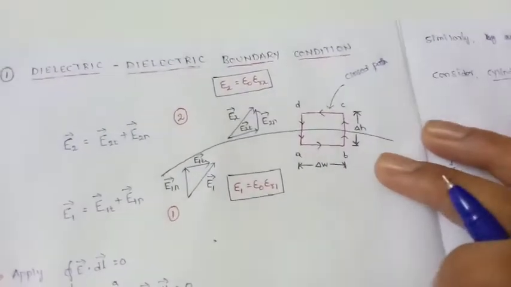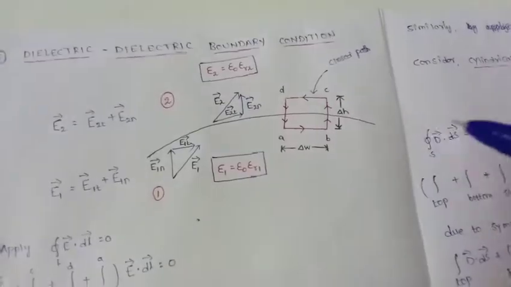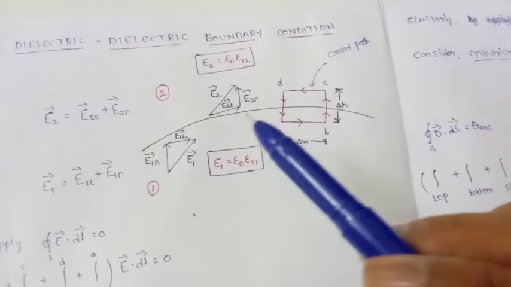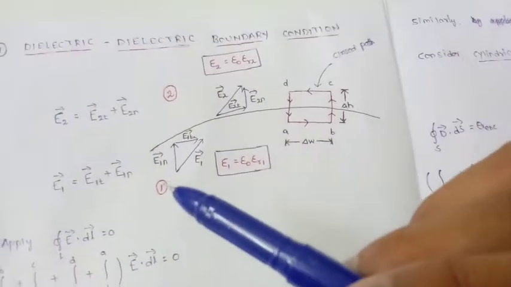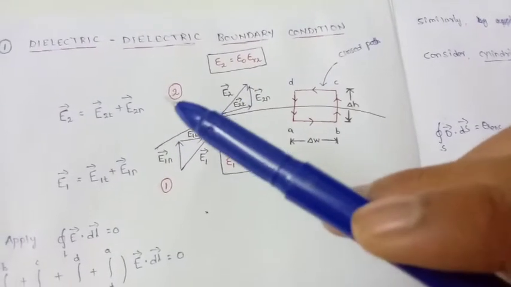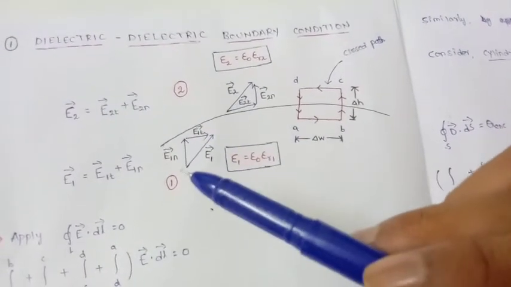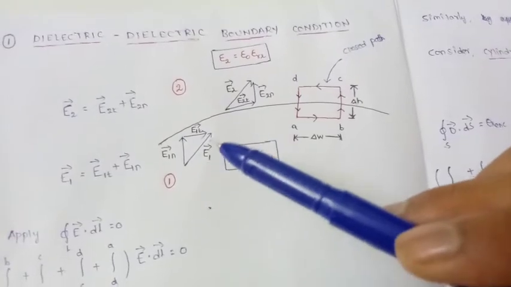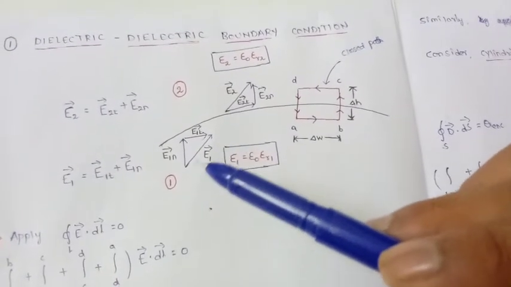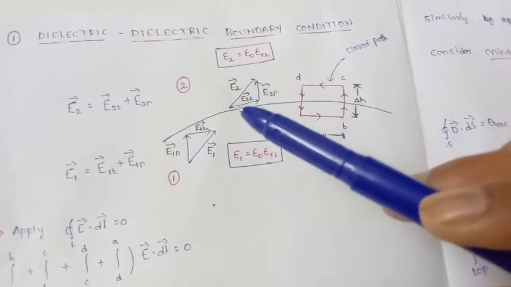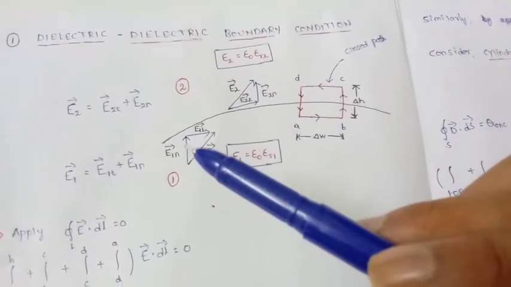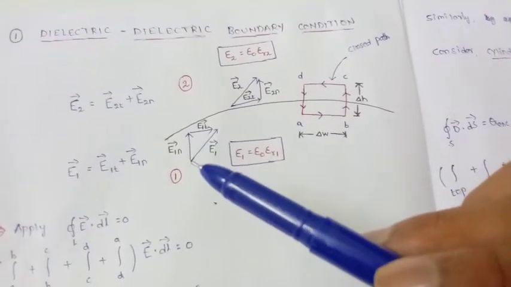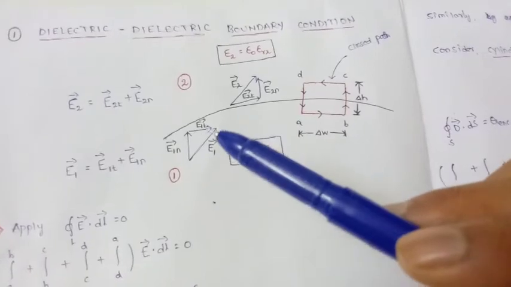Now we will go to the first interface, that is the dielectric to dielectric boundary condition. Let us consider this represents the boundary, and this is region 1, this is region 2. Now this electric field is transforming from region 1 to region 2, and it is split into two parts: one is a normal part, another one is a tangential part.